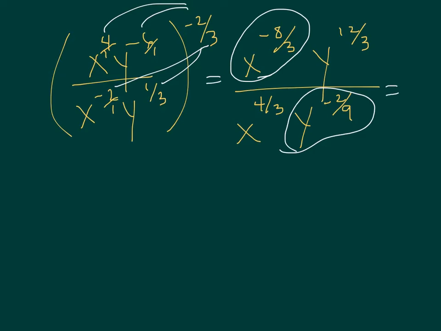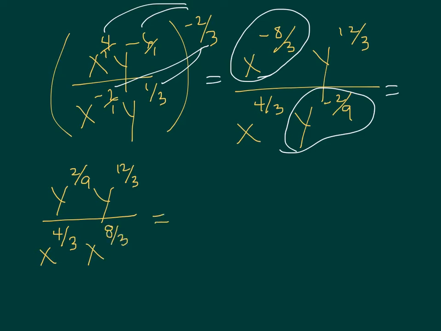So for my next step, I'm going to take those and flip them. So that y to the -2/9 becomes y to the +2/9 in the top, with y to the -2/3. The x's come down. That x to the 4/3 stays. It was fine where it was at. And then that x to the 8/3, or -8/3, becomes x to the +8/3 when we move it down.